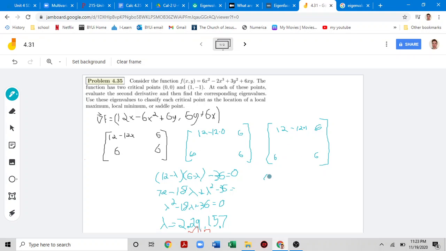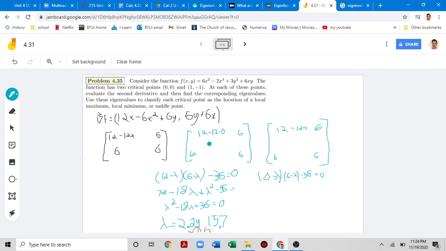So it's going to be 0 minus lambda, and that times 6 minus lambda, and that minus 36. Here, I'll take care of that. All right, cool. And that will equal 0, just like the other one.